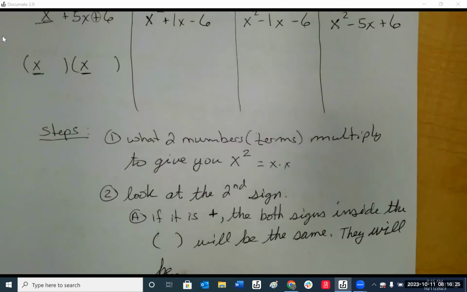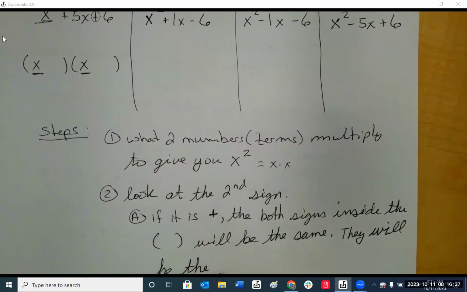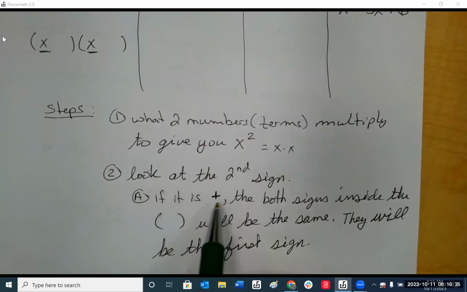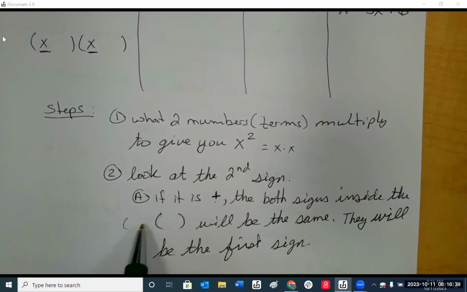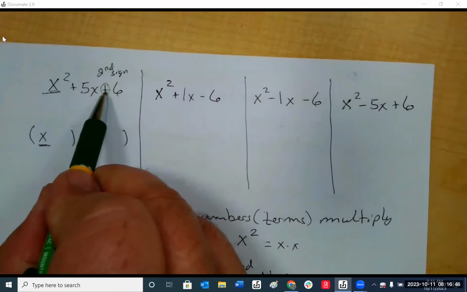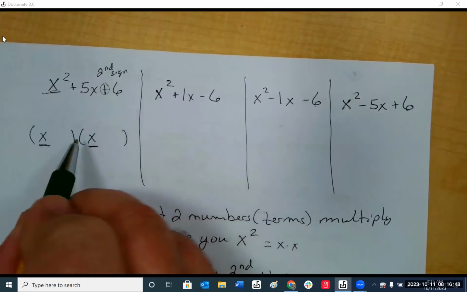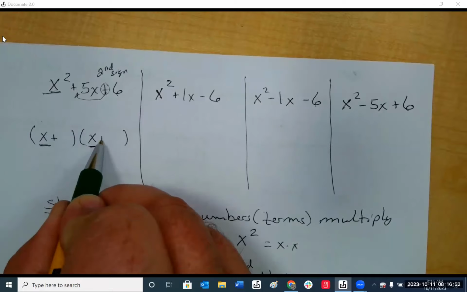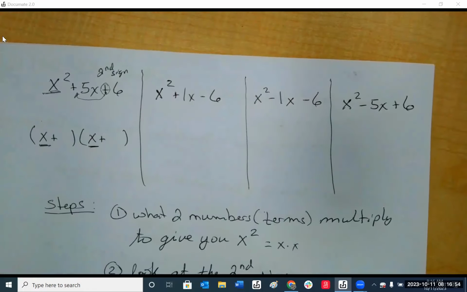They will be the first sign. So if the second sign's a plus, then both signs are the same. That goes inside the parentheses. They'll be the same, and they're going to be whatever the first sign is. Since that's a plus, both of the signs are going to be plus.